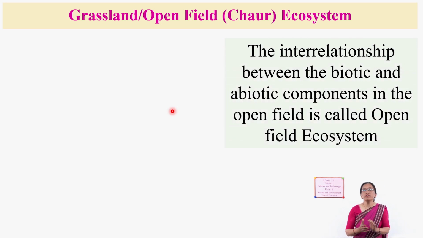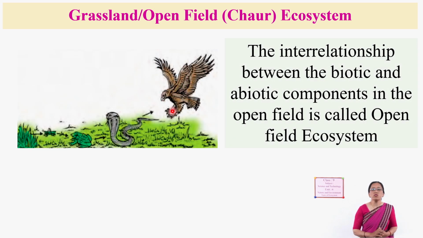Here in an open field also there are various types of organisms. Do you see in this picture? The grasses are growing. Okay, in the presence of sunlight, soil, water and air, they prepare food and provide food to the grasshopper, frog, snake, like this.